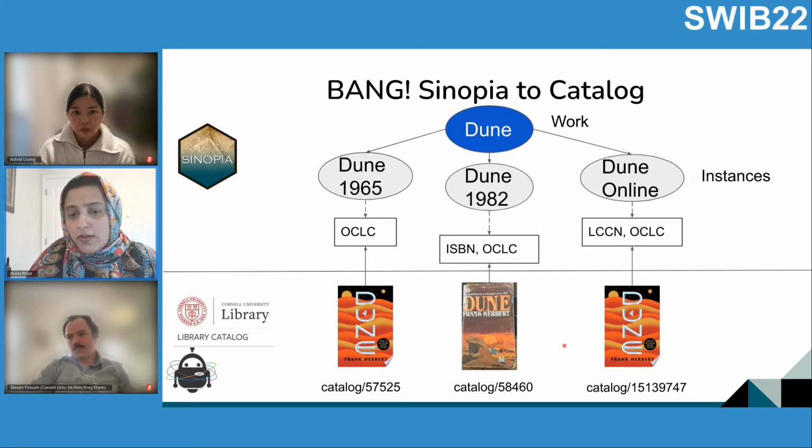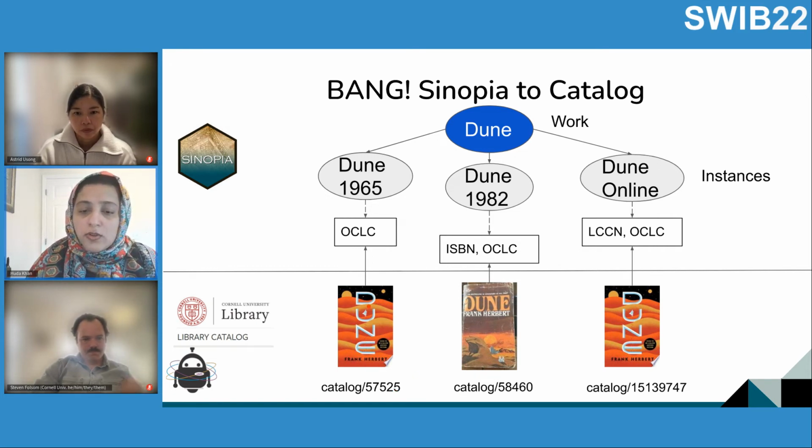As Stephen mentioned, for the bibliographic works phase, we're using Sinopia to model information about works and instances, and we're using identifiers like OCLC, ISBN, and LCCN as our main connection points between the works and instances that we've modeled in Sinopia and the library catalog items.